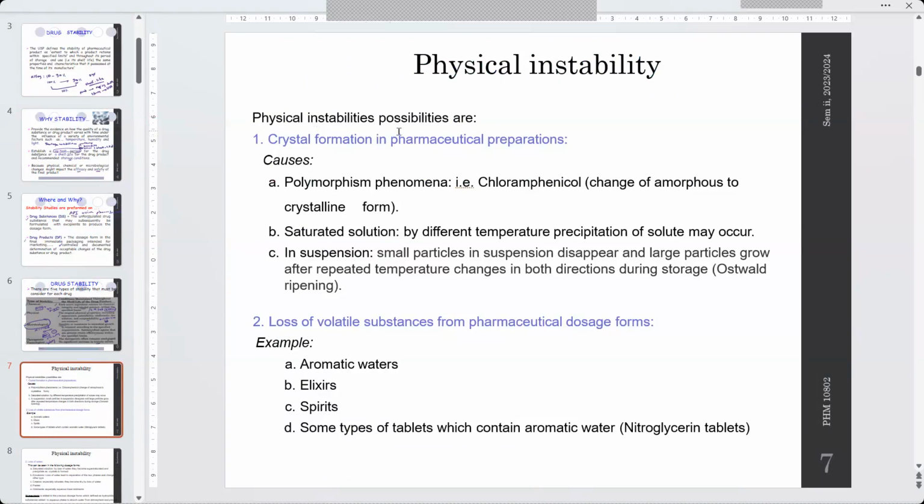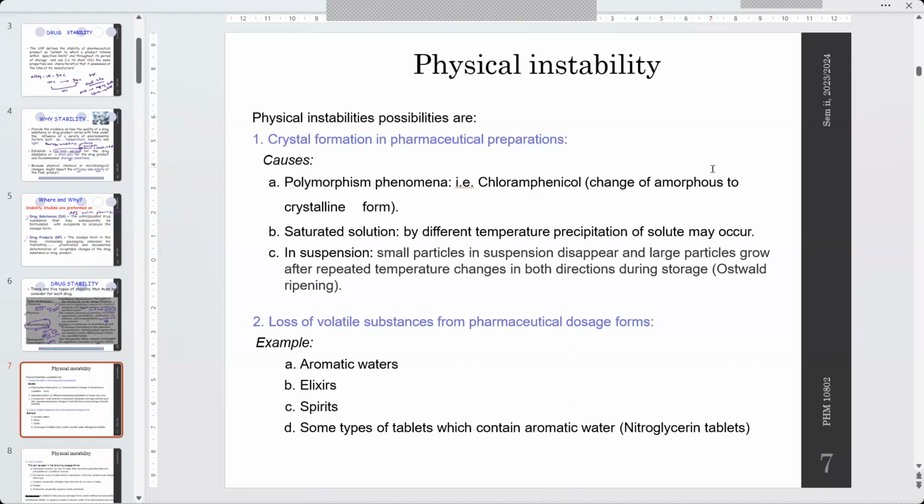Physical instability examples like crystal formation in pharmaceutical preparations. For example, some drugs like chloramphenicol may be available in different crystal forms. They can be present as amorphous and can be present in crystalline form.